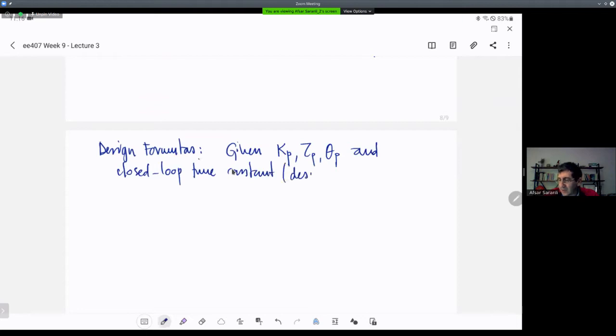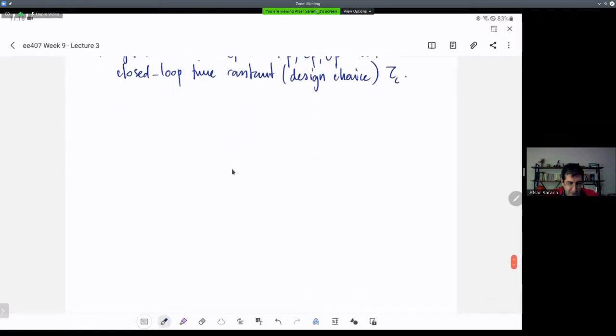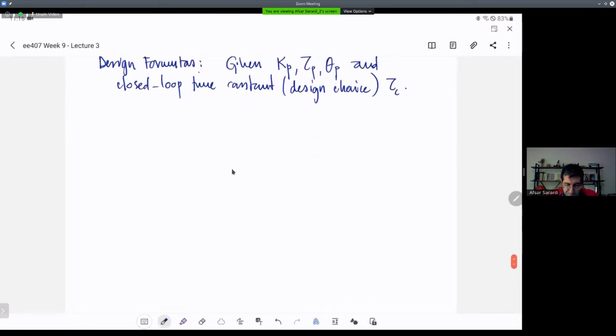This is your design choice. Let's call this tau c, which is the speed of the overall closed loop system. I'm going to try to put the table over here. So we will have the gain Kc.